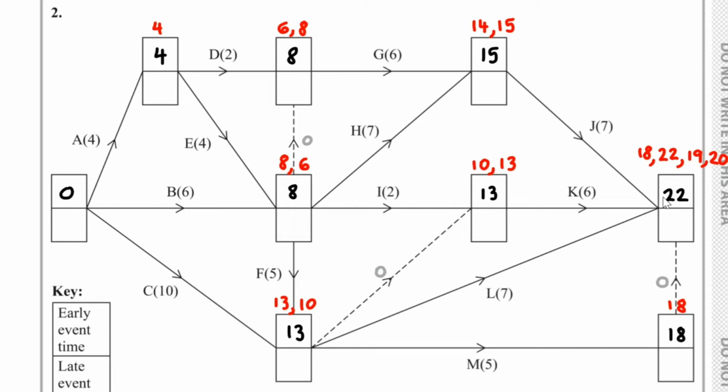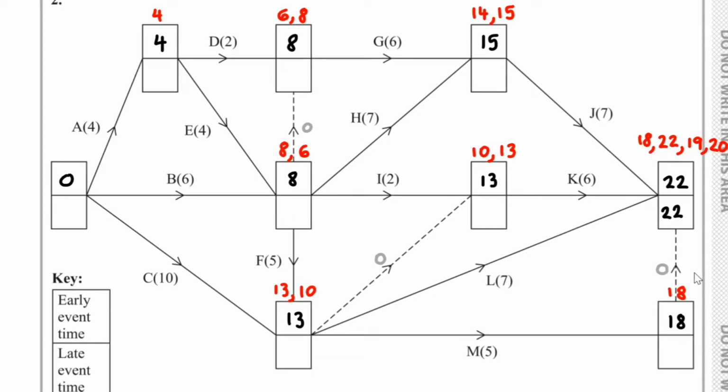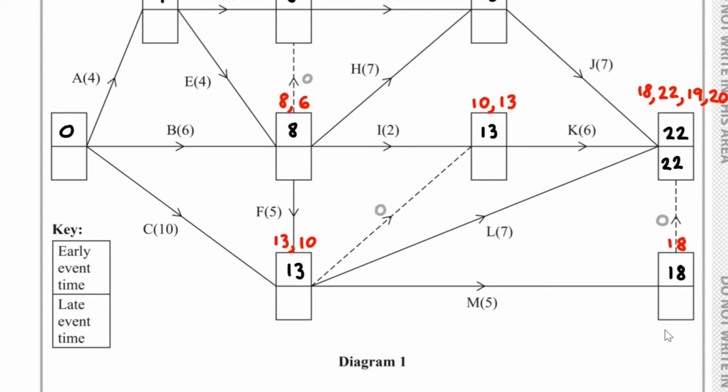Let's now complete the backward passes. What goes here is 22. So 22 take away 0, that's 22. Nothing to compare it with, so 22 goes here.